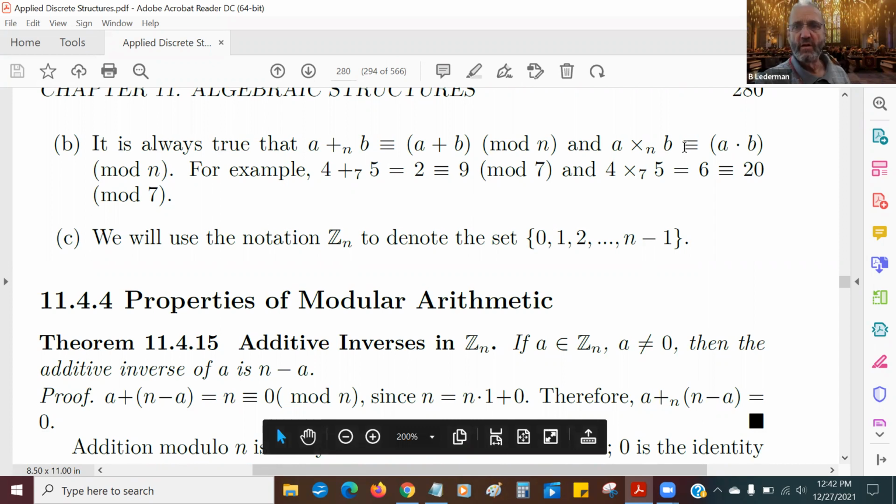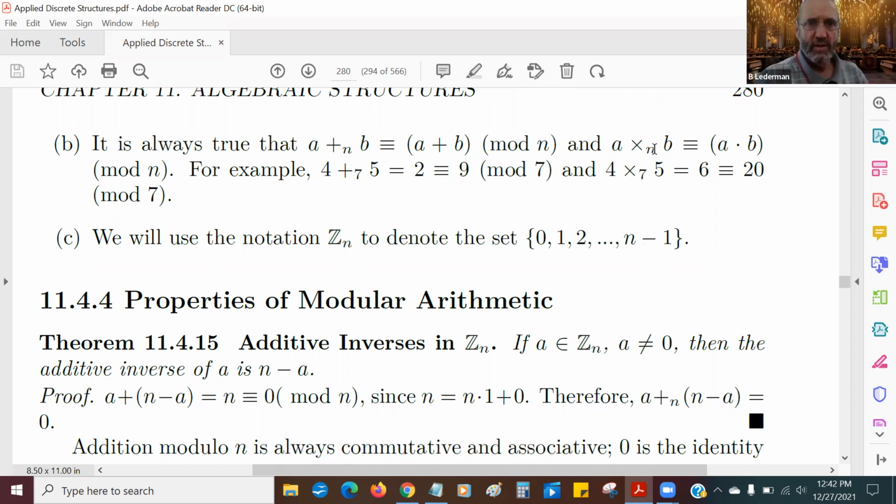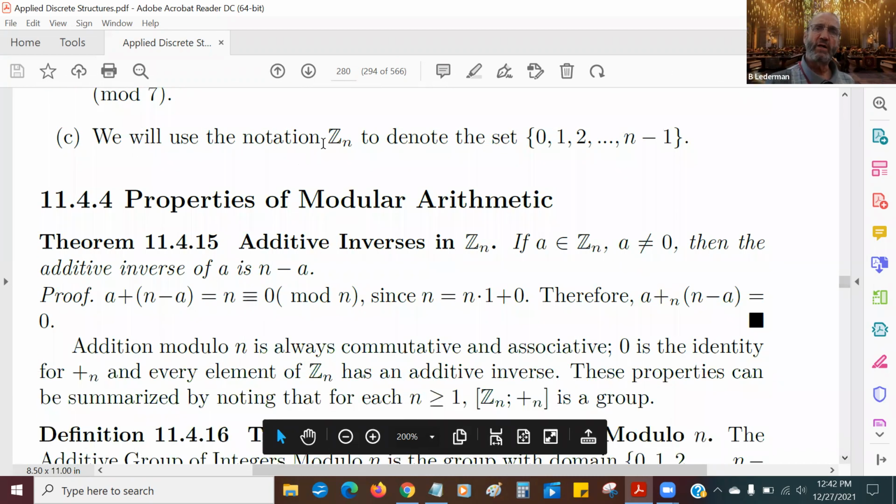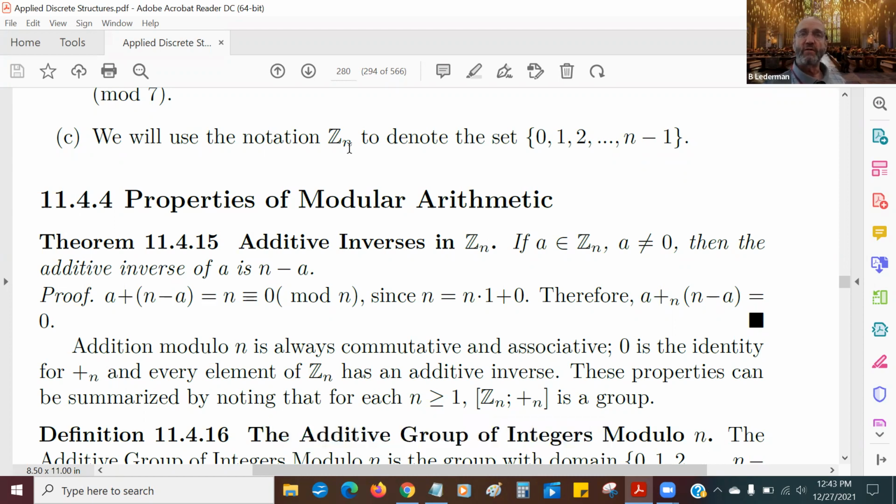This here is what I just demonstrated in the little Google Doc. We use the notation Zn to be modulo n. So Zn is the numbers from 0 up to n minus 1. So Z5, we were just dealing with Z5.